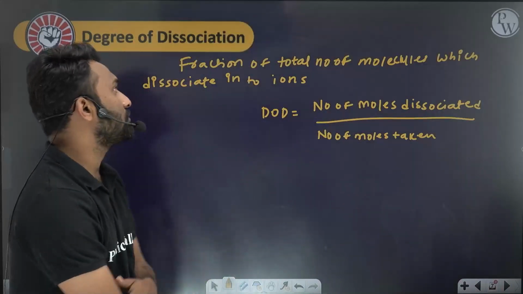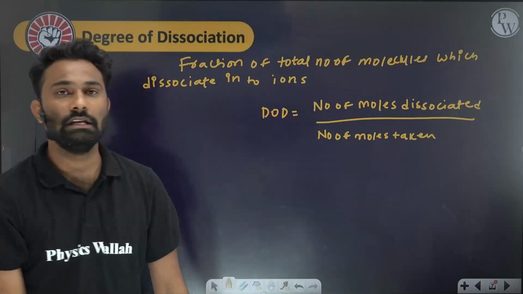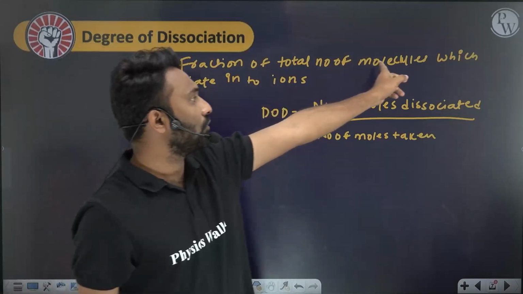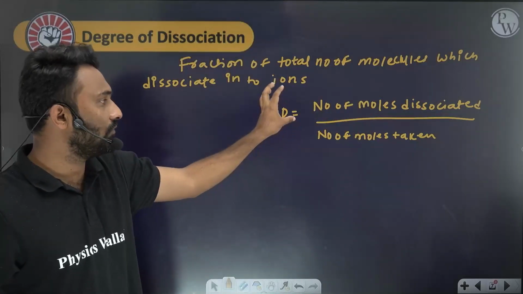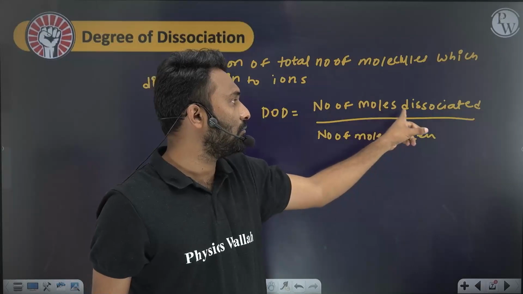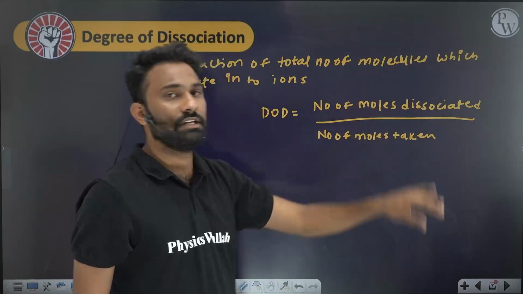Next, degree of dissociation. What is it? It is the fraction of the total number of molecules which dissociate into ions. Degree of dissociation is equal to the number of moles dissociated divided by the number of moles taken.